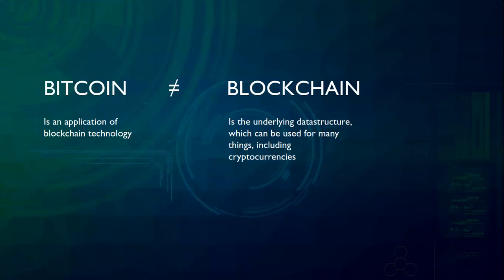Blockchain technology is the underlying data structure which can be used for many things, including cryptocurrencies. So blockchain is not only used for cryptocurrencies like Bitcoin, but it can be used to do many other things. Bitcoin is just an application of the blockchain technology, and there are many other applications. So I hope you have grasped the difference between Bitcoin and blockchain.